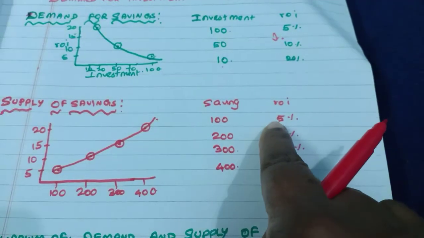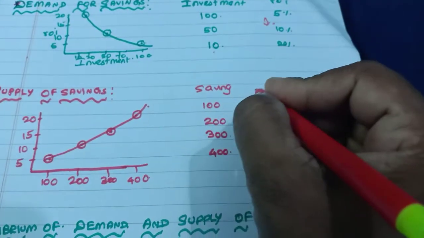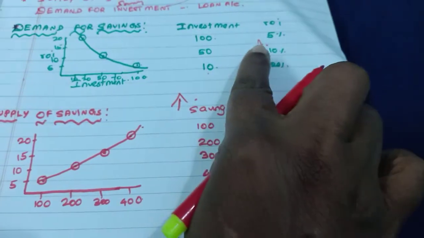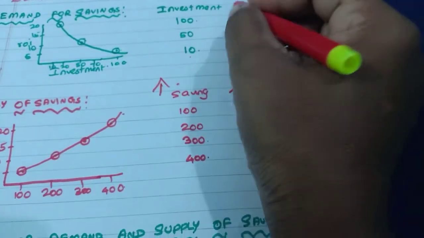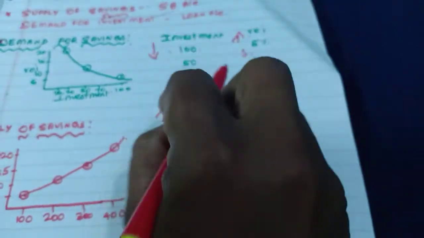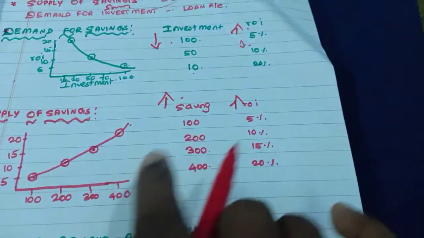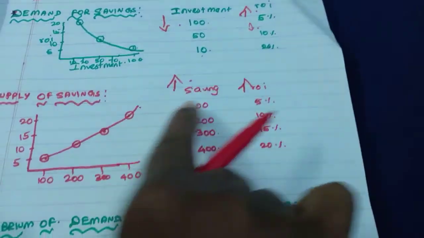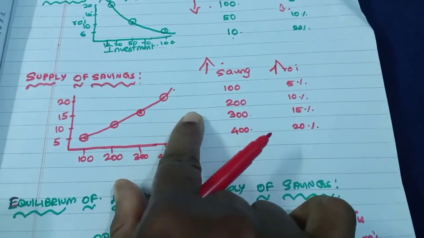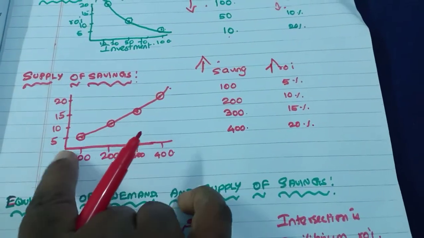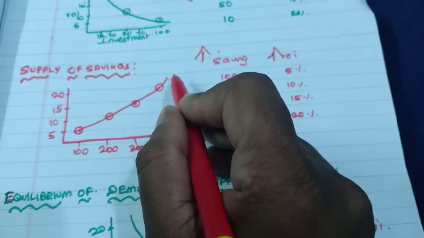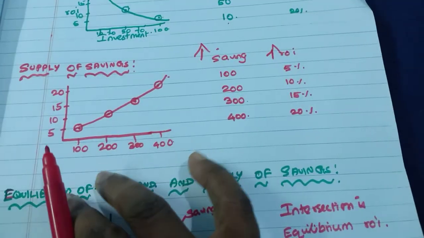But here, if the rate of interest increases, savings also increase. See, this one is inversely proportional and this one is directly proportional. Rate of interest increases and so the savings also increase. Here I am making a curve like this, upward sloping.